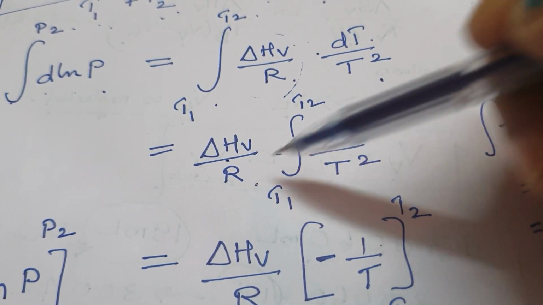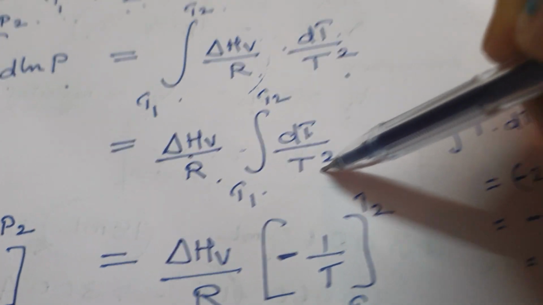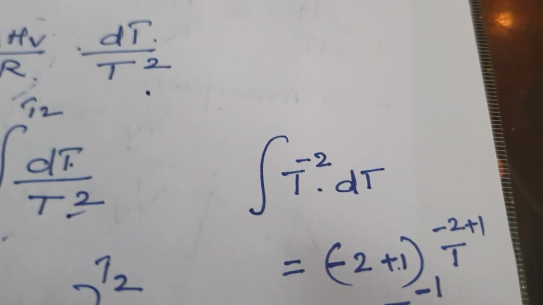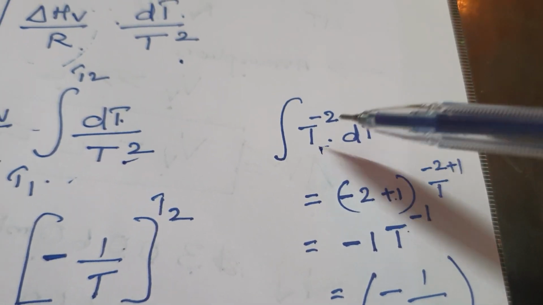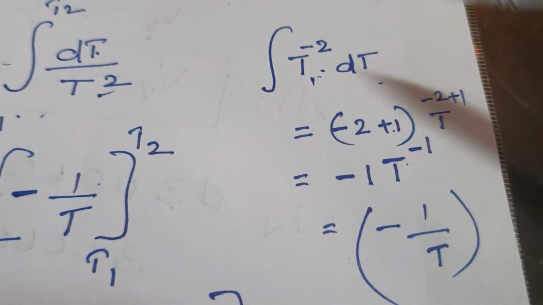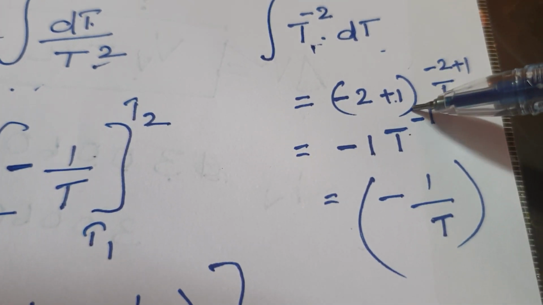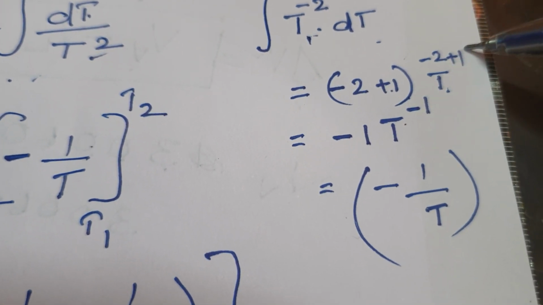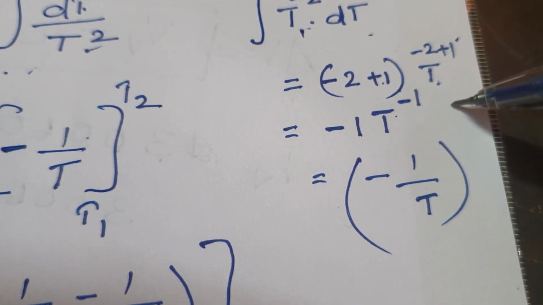The integral of dT by T square is the integral of T raised to minus 2 dT. When we integrate this, the solution is T raised to minus 2 plus 1, divided by minus 2 plus 1, so minus 1 into T raised to minus 1.